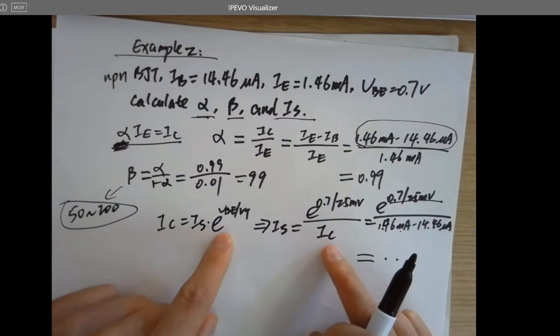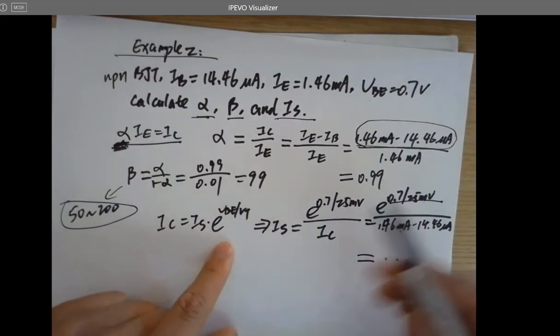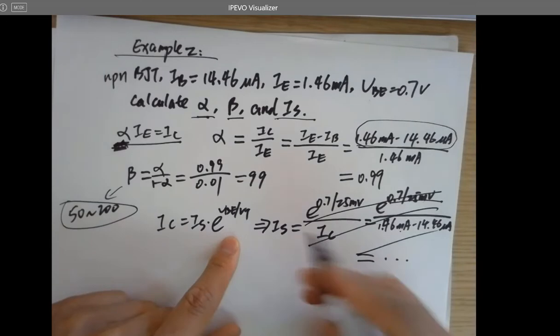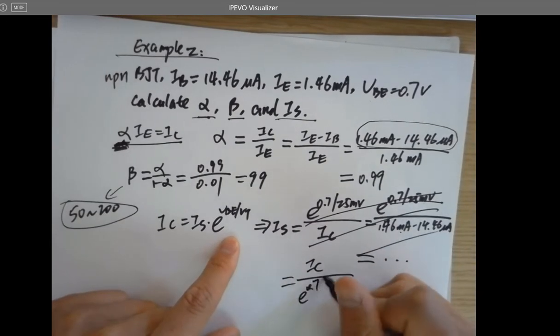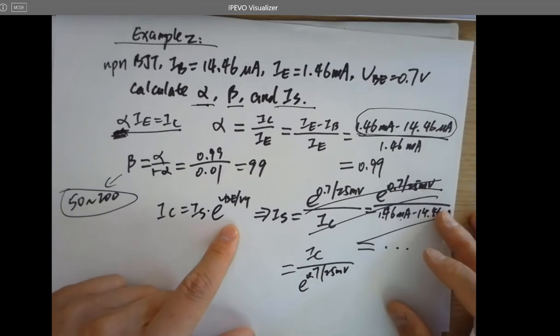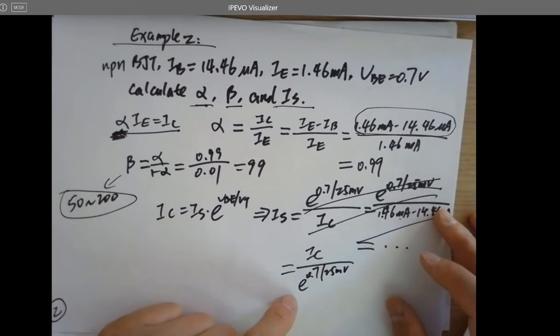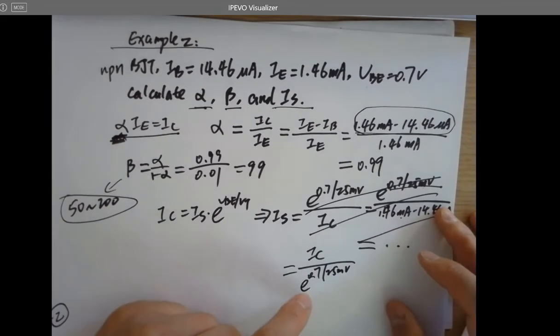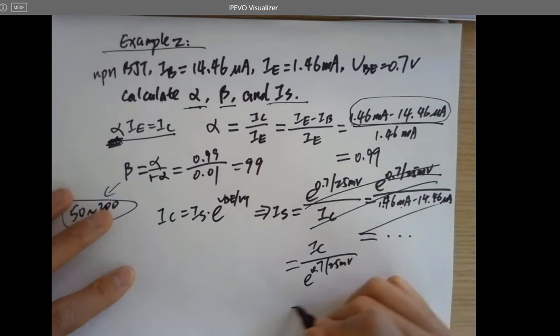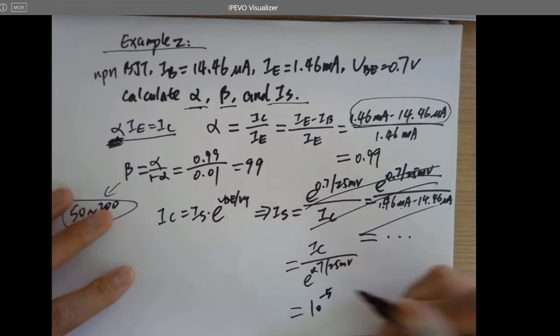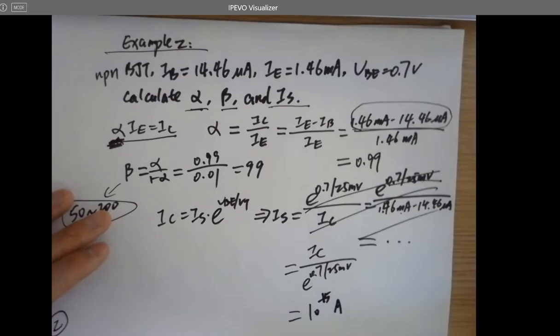Oh, it should be IC over this, sorry. What's the typical number for e? 2.7 something? Right, it doesn't have to be super accurate. Just find out the number for e. So IS is normally very tiny. If you calculate this, it is somewhere around 10 to the negative 15 amps.